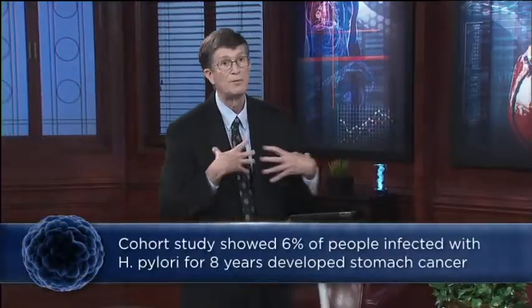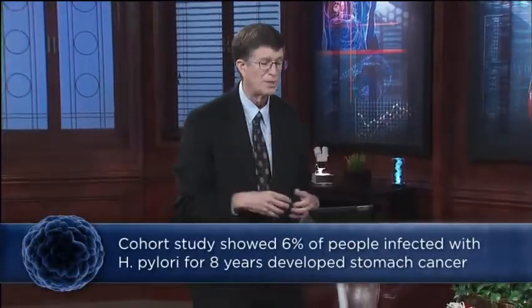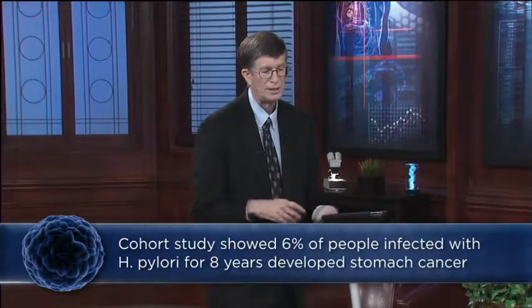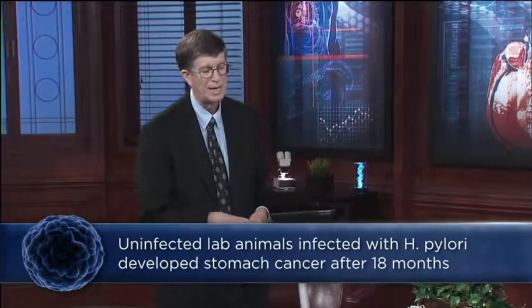And typically, they took a group of people, they did it in a longitudinal way, who were infected with H. pylori for 8 years, and 6% of them developed stomach cancer, and none of the uninfected people got it. That's an example. If you want to prove something causes cancer, you have to do a laboratory experiment. Here's the laboratory experiment. They took uninfected laboratory animals, infected them, and they got stomach cancer within 18 months.